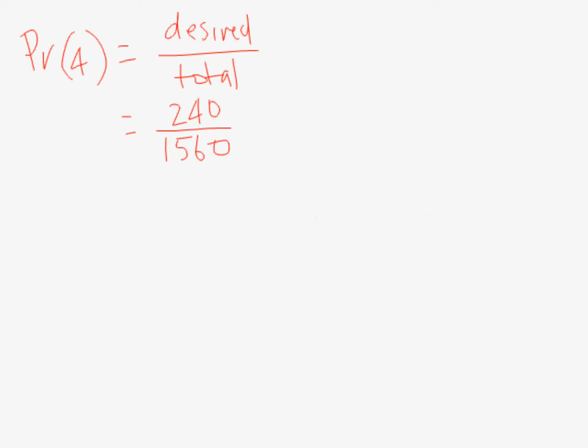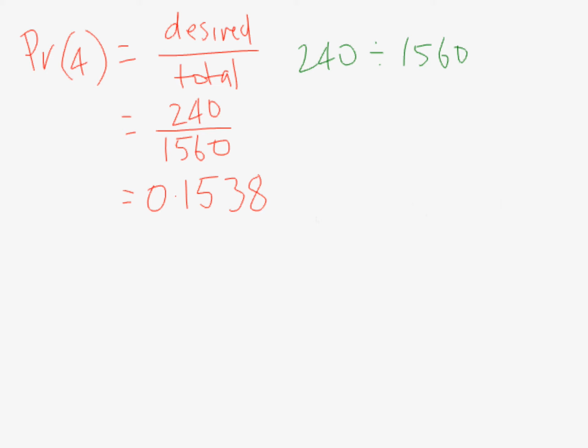Okay, what is that going to equal as a decimal? Remember back, we need to go 240 divided by 1,560 into your calculator, and you should end up with a total of 0.1538. Just double check that to make sure I'm right. Could be wrong. If I am, you win a chocolate frog.